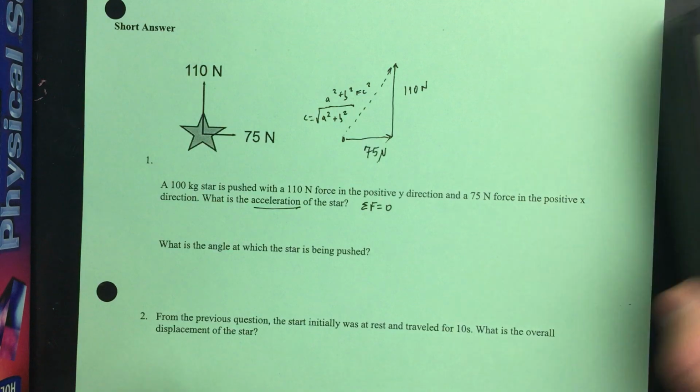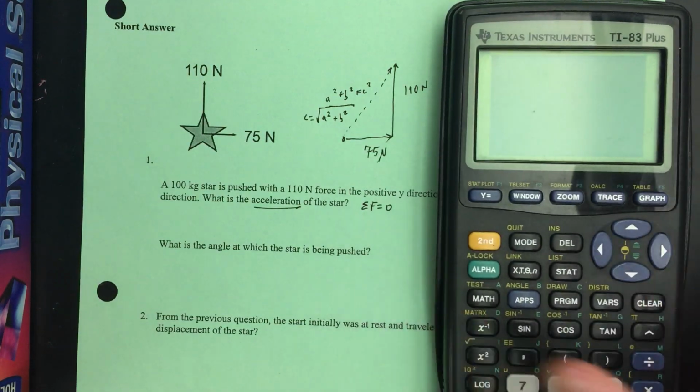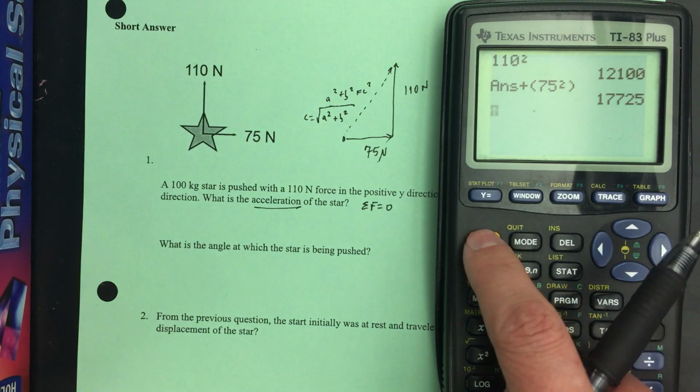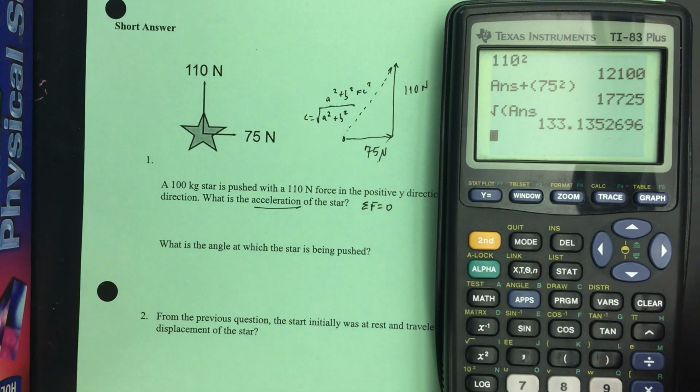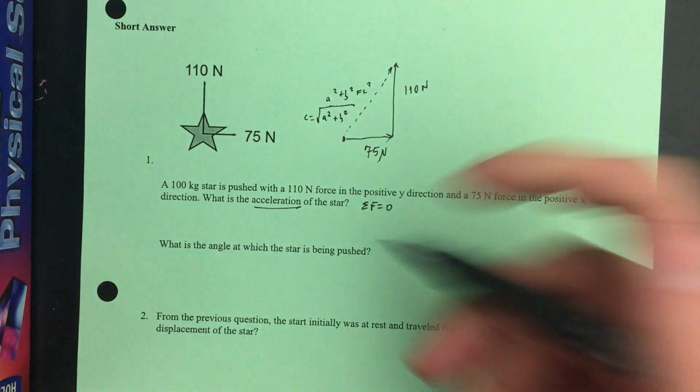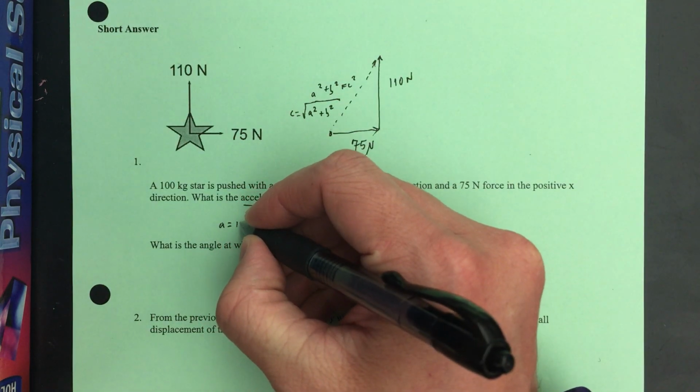If we take a look at our calculator, a squared will be 110 squared plus b squared, which is 75 squared, and then take the square root of that. So 133.1.